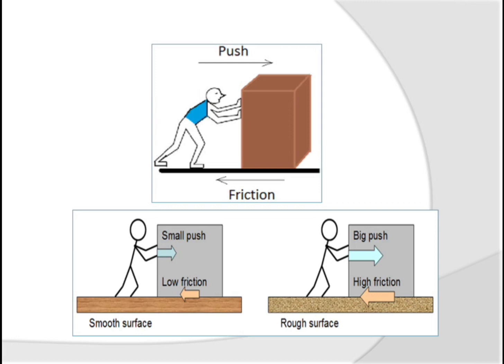Okay, so that is a difference. So friction is nothing but the force which acts between two surfaces when they are sliding or when they are moving, we can say. Okay, and this frictional force will always act in the opposite direction to the movement of the object.